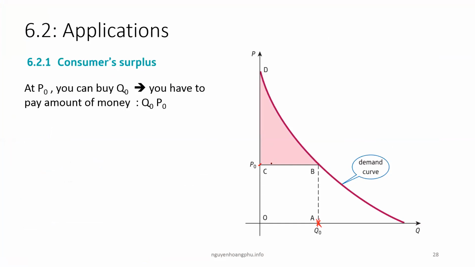Here price P0. This one will be the area under the demand curve.